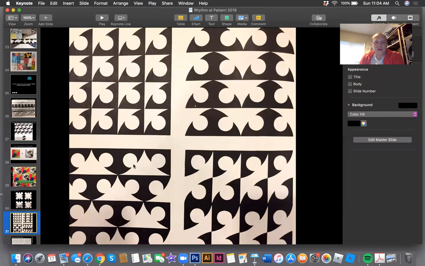So we've got playing with positive and negative space, the flipping of the entire thing, and then we've got some offsetting happening here. This one's pretty interesting too. So you can see how this is not as interesting, probably, as this one. So going beyond the basic square matrix is really key to building an interesting pattern.